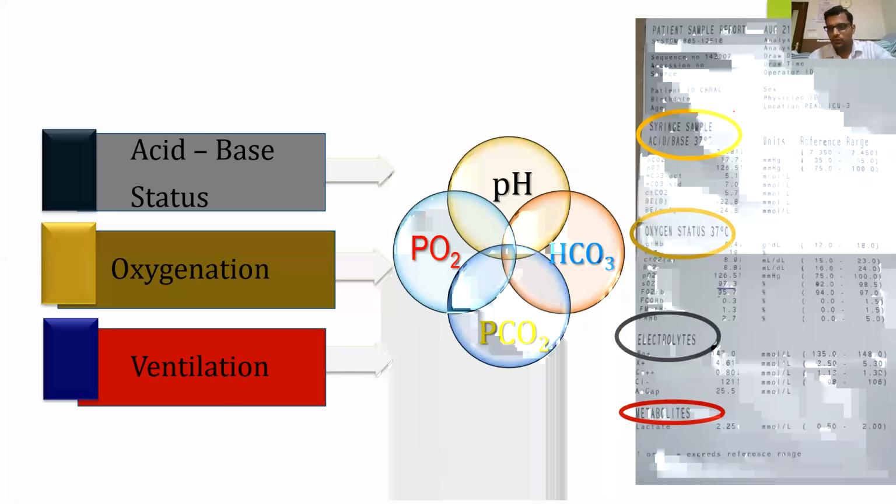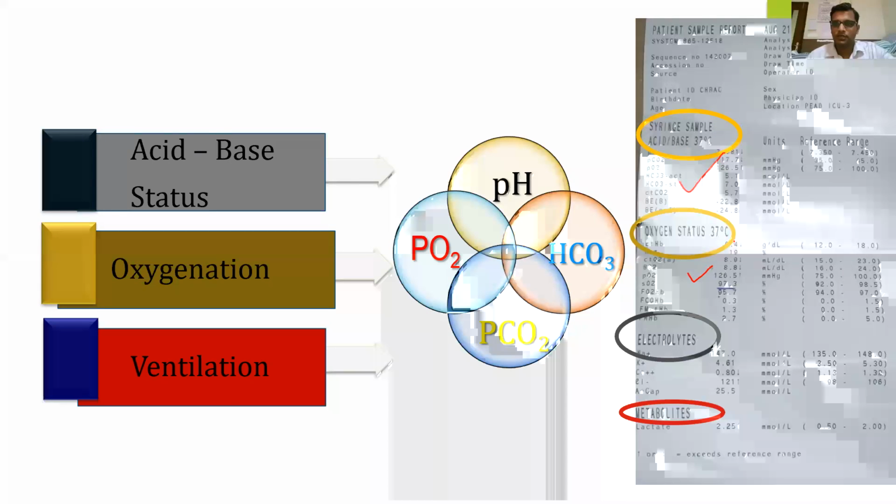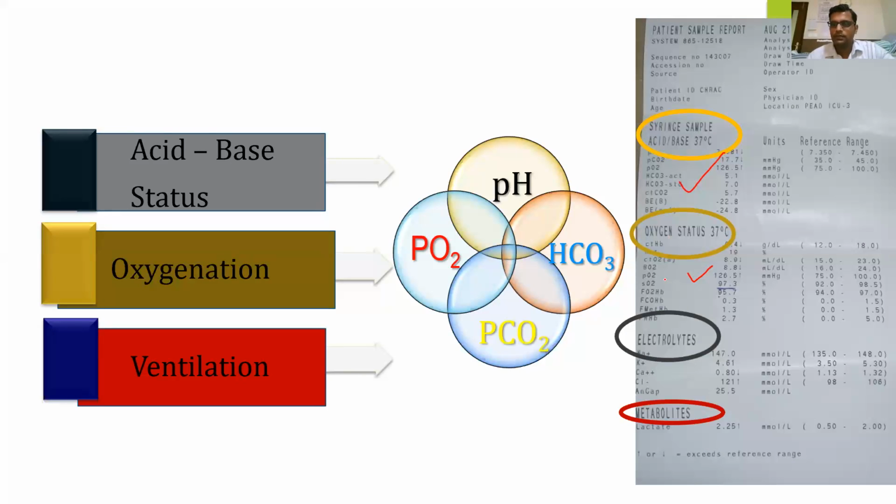And as we all know, the modern day ABG machines, apart from the arterial blood gas values, also give values about the oxygenation status, the electrolytes, and the metabolites.